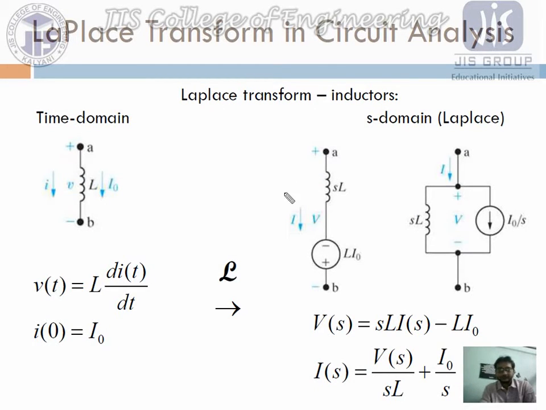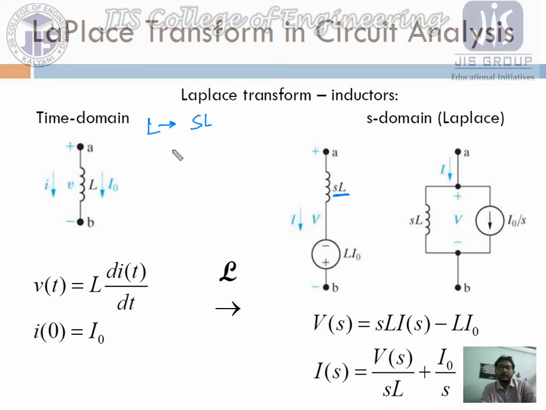From the first equation we can see that V of s voltage equals sL into I of s minus L I0. So if we consider an inductor over there, the inductor value changes to s into L, because for s domain analysis the inductor L changes to sL.